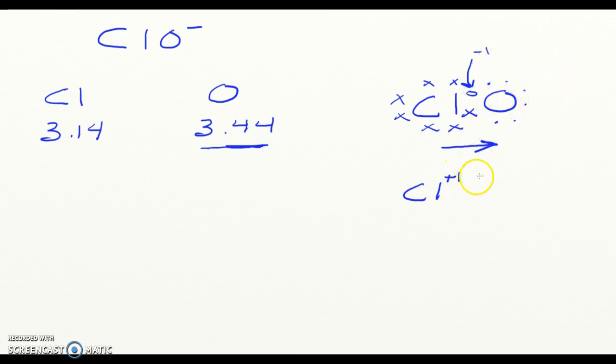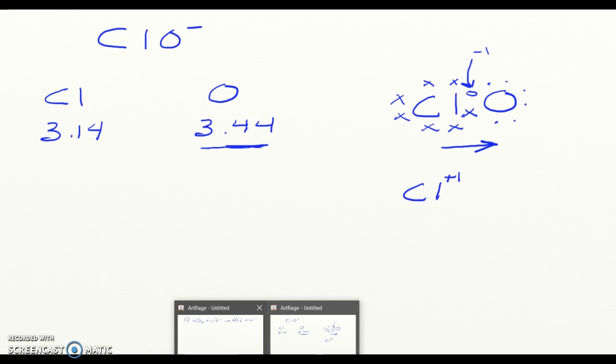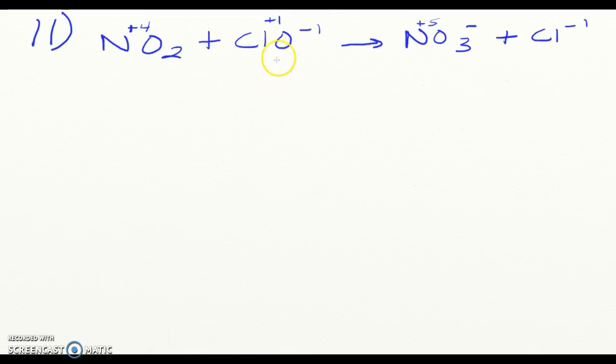But the chlorine itself within the bond is a +1. It can be a little confusing, but we just follow that rule with the oxygen, that the oxygen is going to give us that -2. Okay, so with that being said, we've ironed out all the charges of these particular elements.